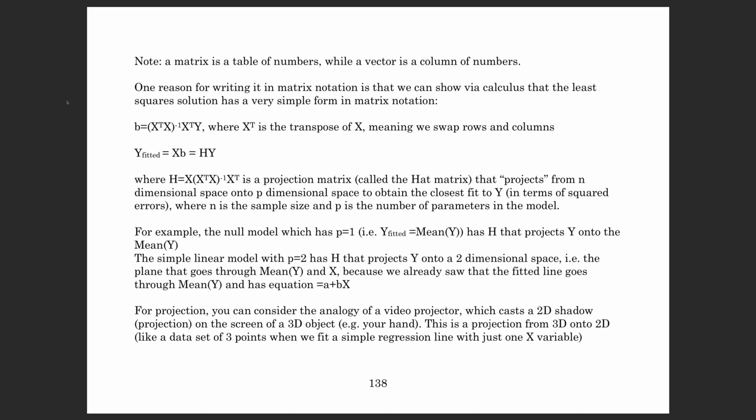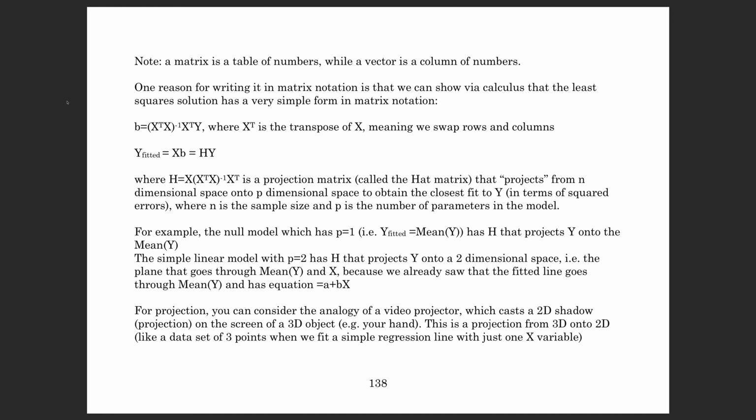So in matrix and vector notation, we can write b. We don't need to necessarily understand what X transpose X inverse X transpose y all means. The key point is that you can see it depends only on X and y in a particular way.